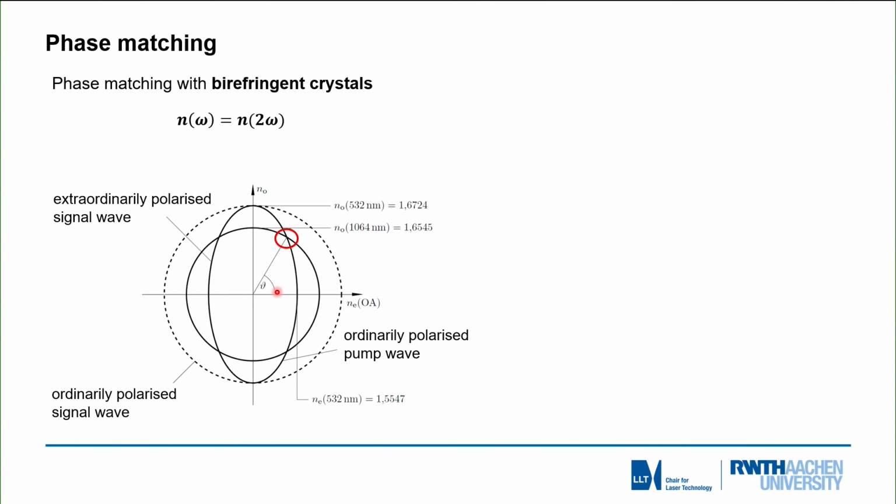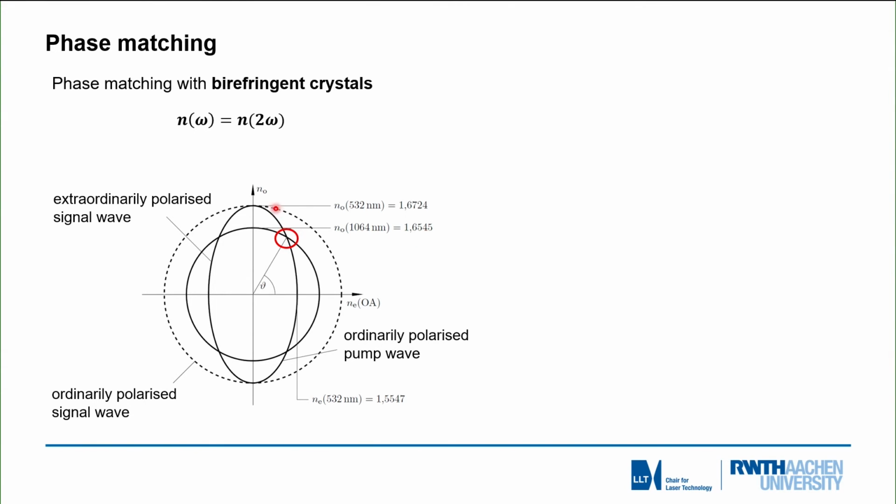Here you see the index of refraction of a birefringent material, in this case for the wavelength of 532, the green light, so the frequency doubled signal, this one here, with a dependence on the angle in this birefringent crystal. And this here is the index of refraction of this crystal for the pump wavelength.